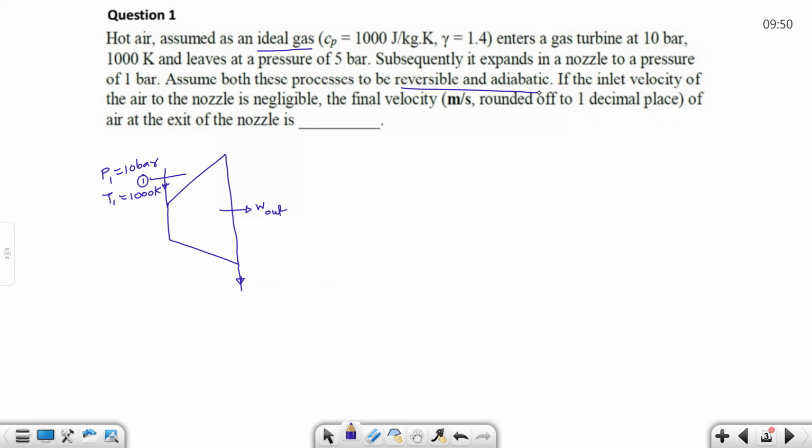Then it expands in a nozzle. So at state 2, the ideal gas leaves the turbine at a pressure of 5 bar, and then it expands in a nozzle.